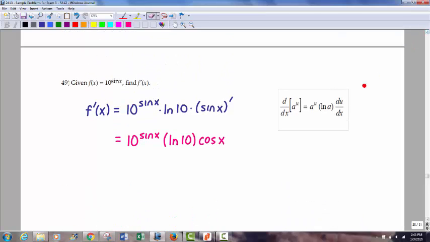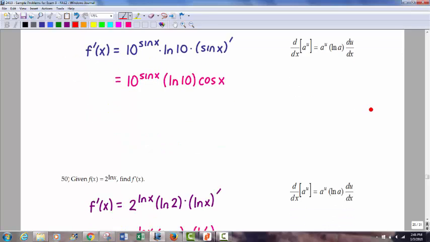Okay. 10 to the sine of x, the derivative will be 10 to the sine of x, a to the u, ln of your base, which is 10, and then the derivative of that exponent, sine of x, which is cos of x. And that's really it. So these aren't too complicated, I don't think.